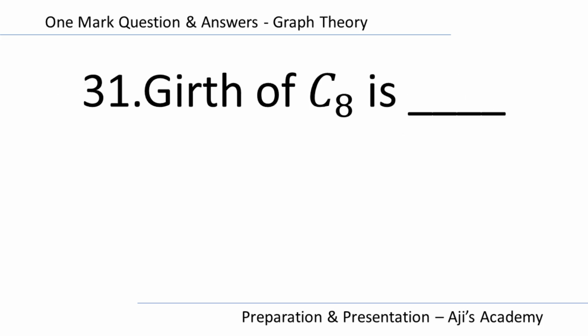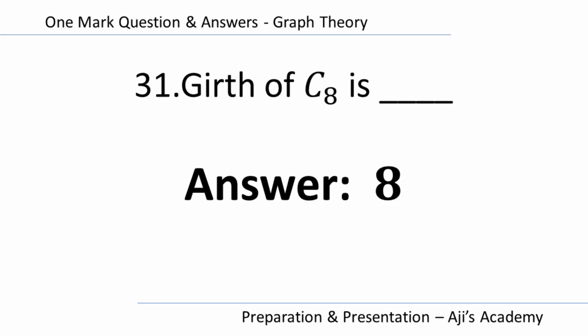Question number 31. Girth of C8 is. So, we know girth of a graph is the length of the shortest cycle. We know C8 is a cycle on 8 vertices and it is a unique cycle, and therefore the lengths of the shortest and the longest cycle are the same.